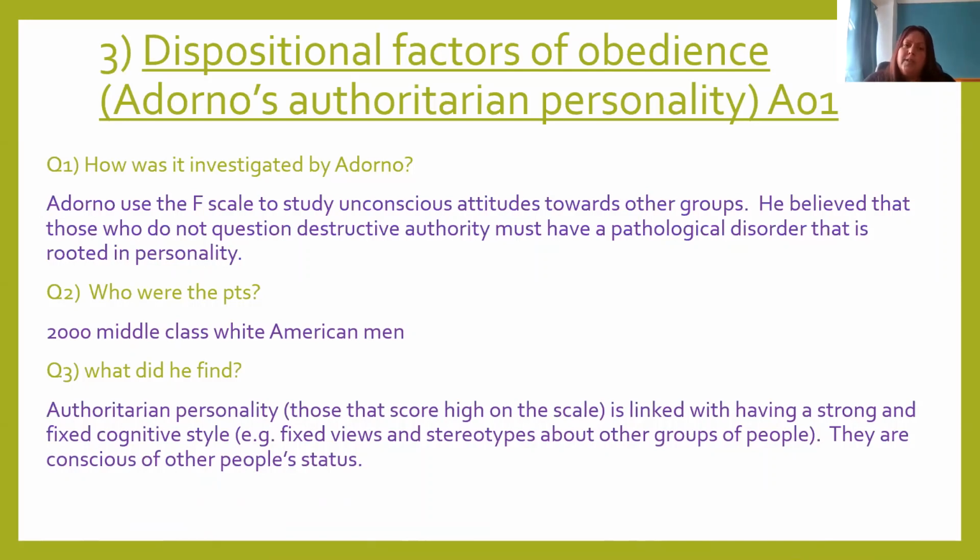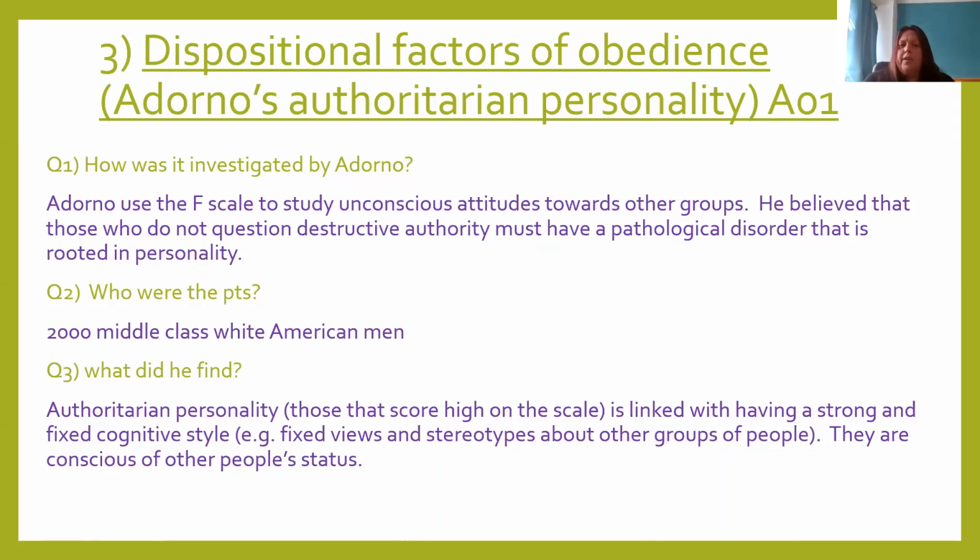So Adorno has suggested that there is an authoritarian personality, and it is those that will score very high on his scale. He says it's linked to them having a very strong and fixed cognitive, so thinking style. So they have fixed views and stereotypes about groups and people. And they are conscious of knowing other people's status as well.